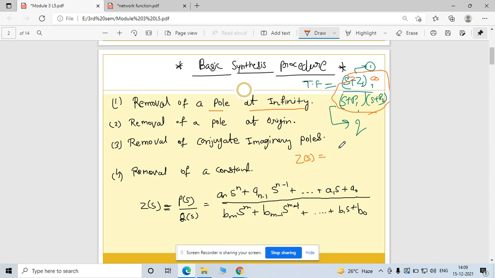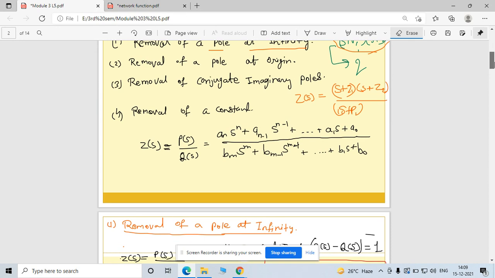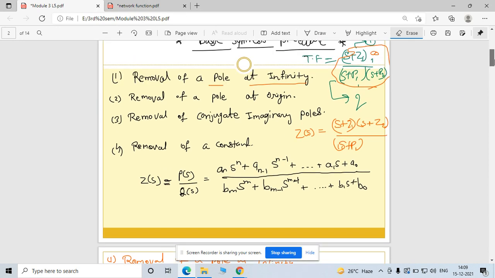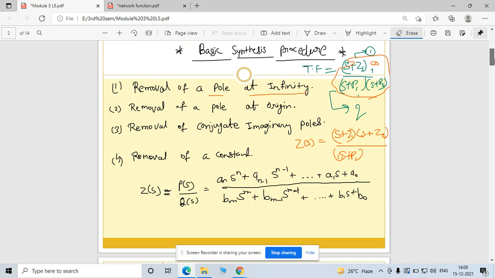So you are assuming your zero count is greater than your pole count, and only then you are assuming one pole at infinity. So here you are assuming that you have a pole at the infinite location.